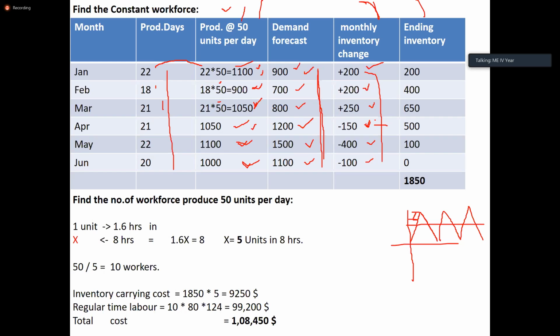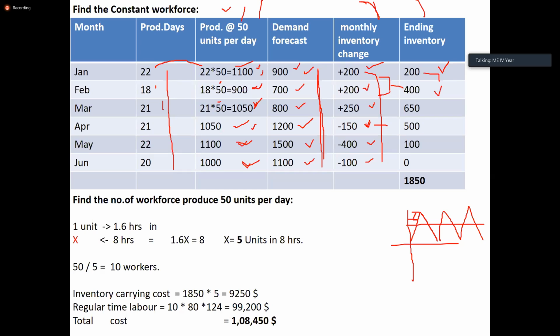Now you have to see finally my ending inventory, how much is there. Here you have to calculate the ending inventory of each and every month. This is very important. At the end of January, you have 200 excess inventory in the warehouse. In the second month, the cumulative is 200 plus 200 excess, total 400 at the end of February.